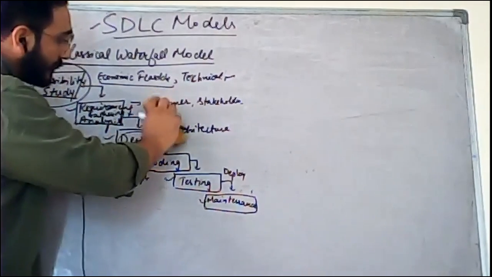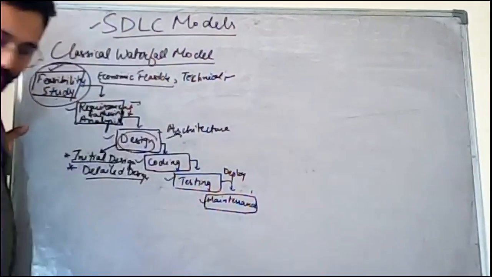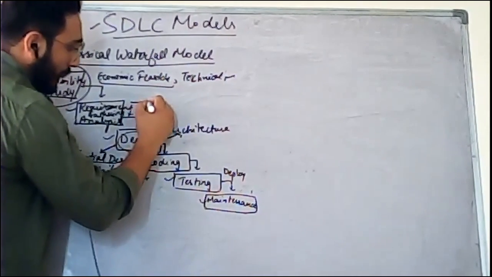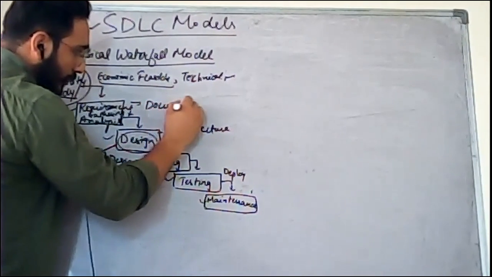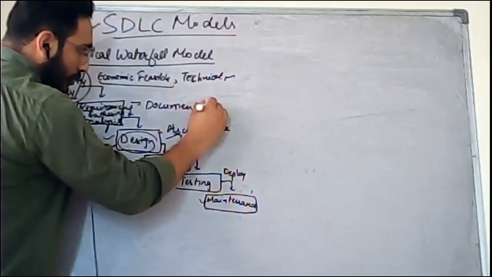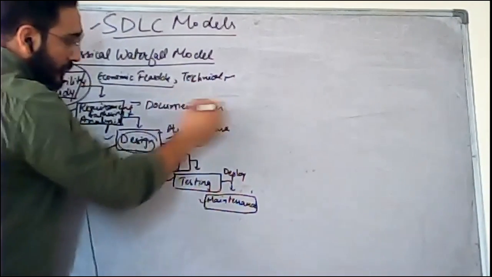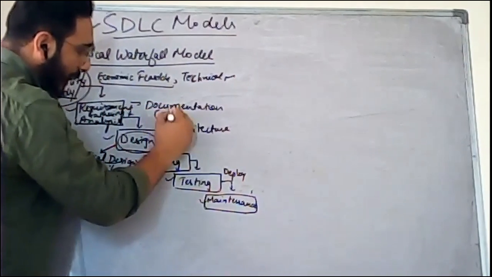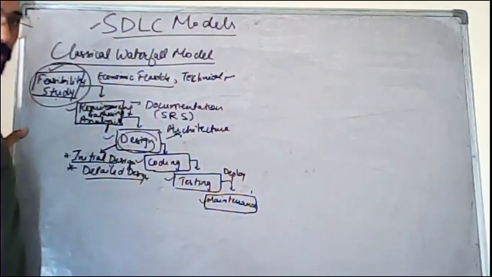The point I have missed here: in your requirement gathering and after that analyzing, we have to write documentation. Documentation should be there. And this documentation, in software language, is called SRS.